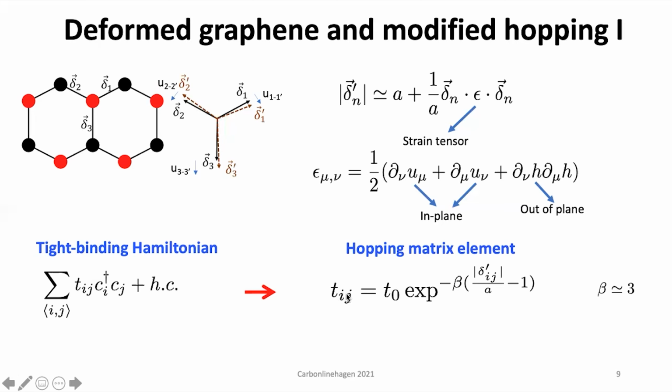And because the hopping, as I said, is parameterized via the overlap of the two orbital wave functions, this overlap is measured in terms of an exponential function that depends on the distance between the two ions. So these new hopping parameters can be replaced by this expression now. This coefficient beta is a scalar, has a value of 3, and is related to the strength of the ion electron coupling or the phonon electron coupling in graphene.